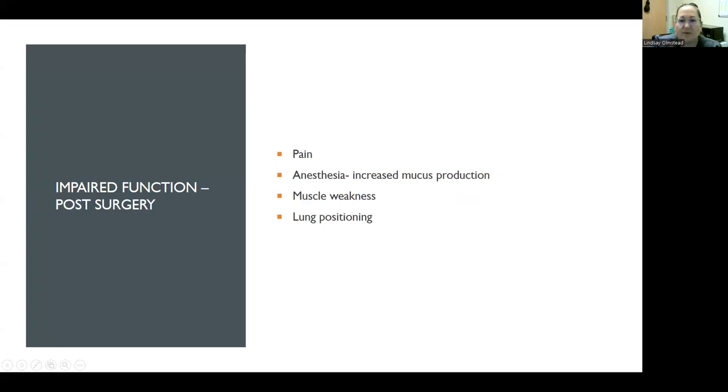And then surgery, post-surgery, can significantly impair natural airway clearance due to factors like pain. You can't take that big deep breath in, you can't have that effective cough. Again, you're under anesthesia, you get that mucus production, muscle weakness from surgery, changes in lung positioning. This all leads up to that mucus buildup.